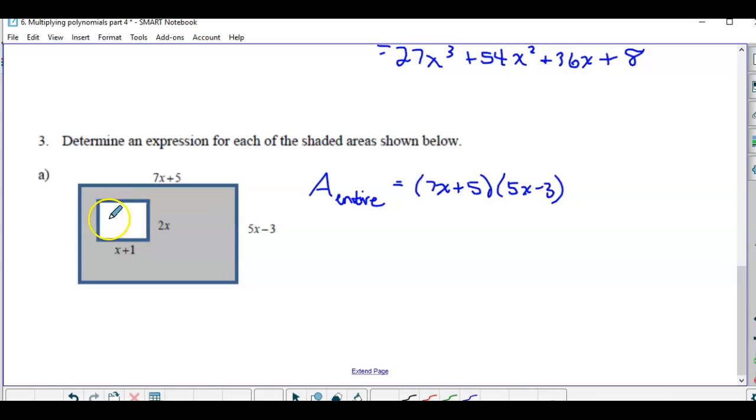And then we're going to subtract the area of the inside triangle. So first, expand this out using FOIL. First together, outside together, inside together, last together.